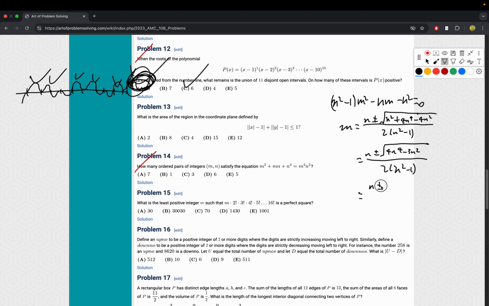I think it is okay to take out n here because we have plus or minus here anyways. It could be minus plus or plus or minus, but it doesn't really matter. We have the same m. So we have 4n squared minus 3. Now, this thing must be an integer.